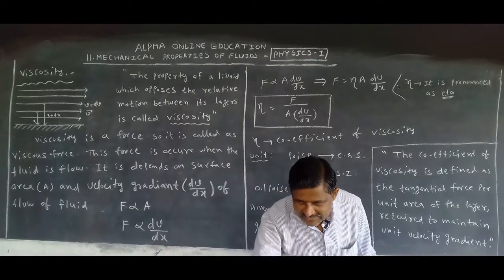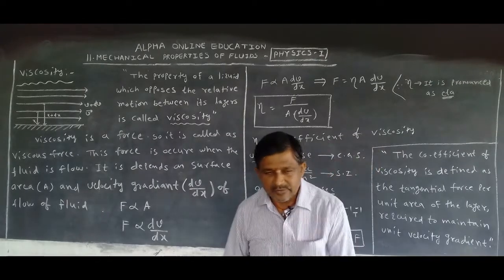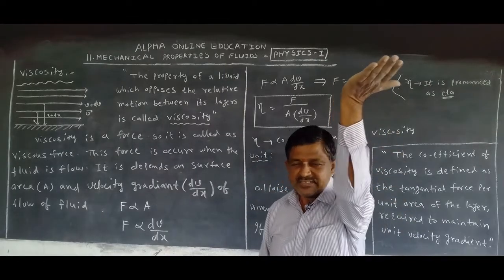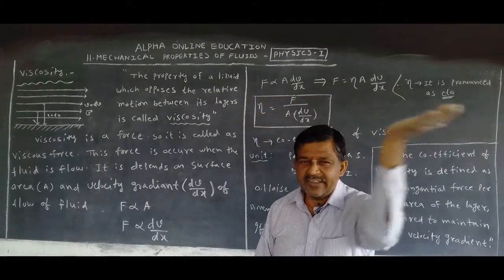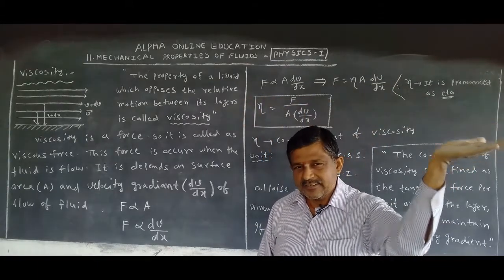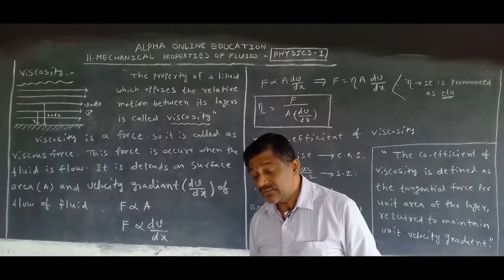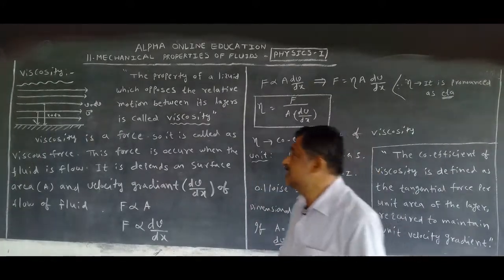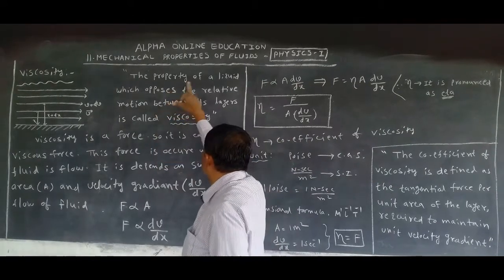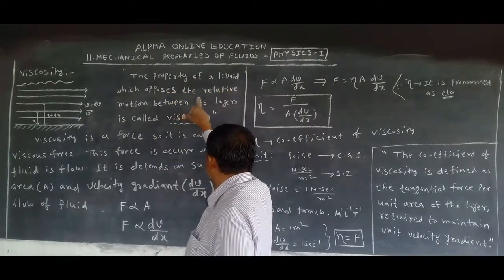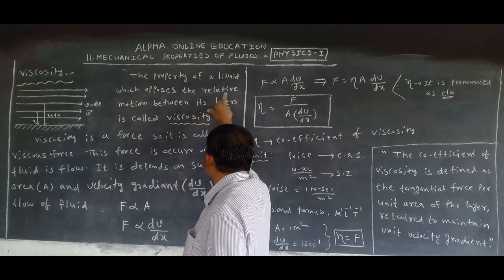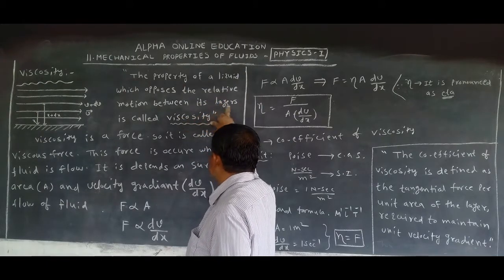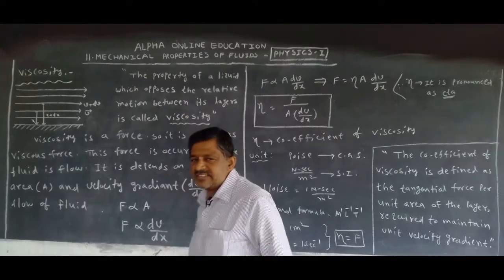Decreases. Why? Because of one force. That force is viscous force. The property of the fluid which opposes the relative motion between its layers is called viscous force.